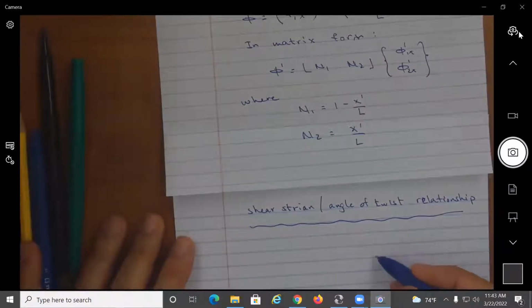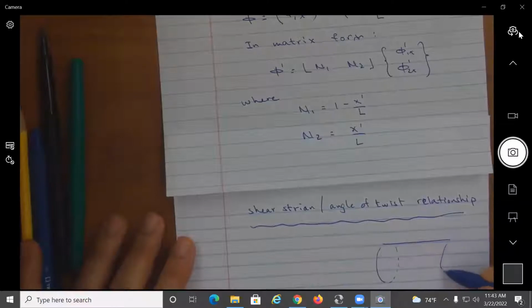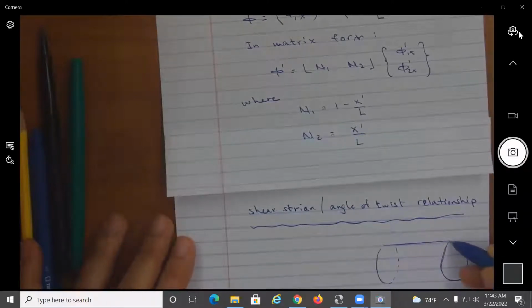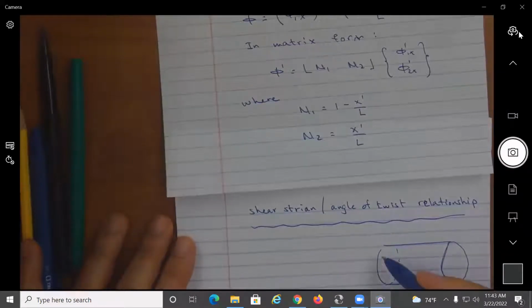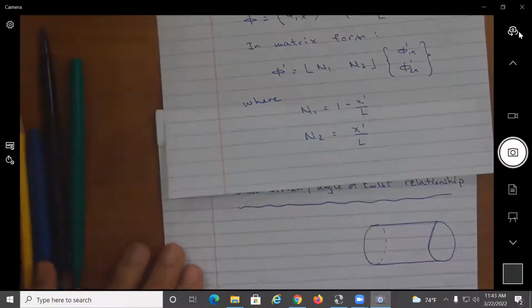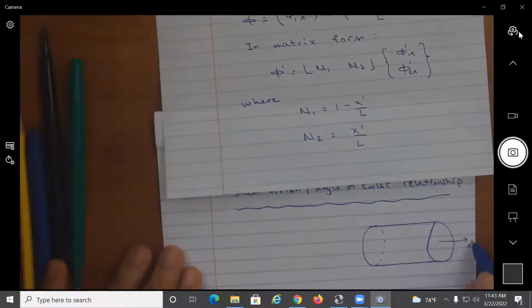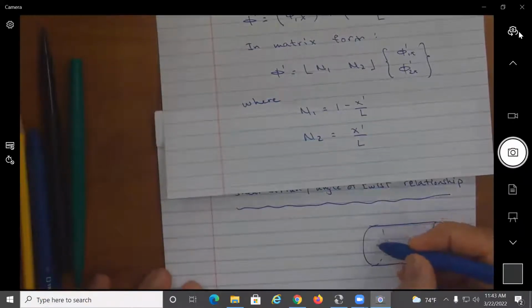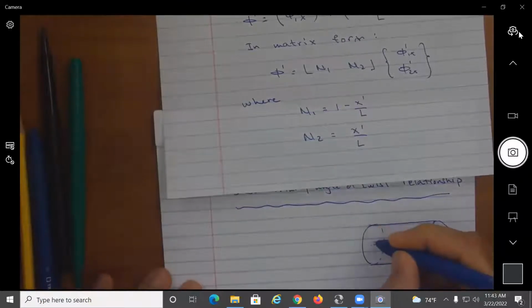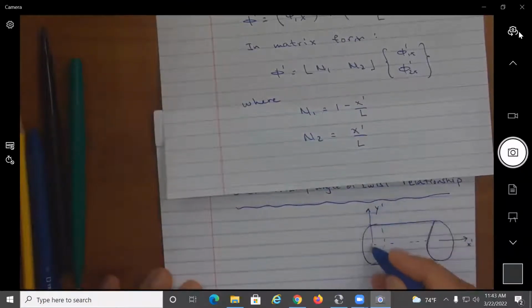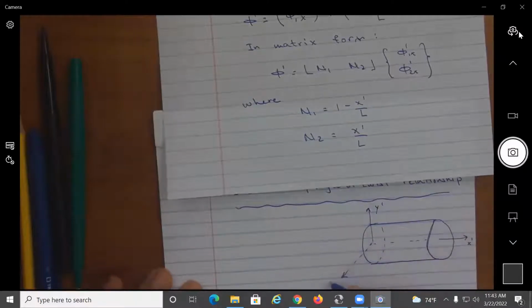If I take a very small element of this bar element, where this is x prime, y prime, and z prime, and I'm looking here at the length dx prime.